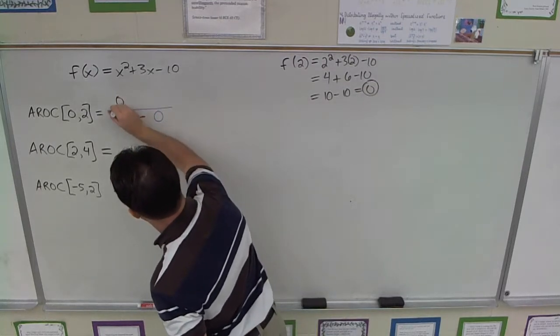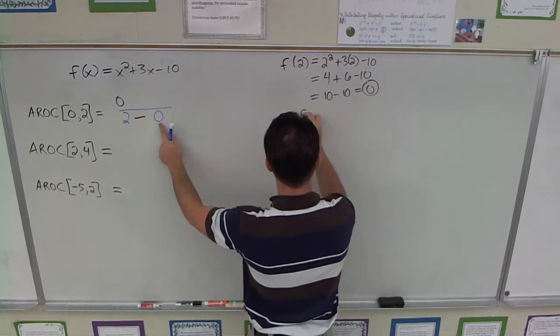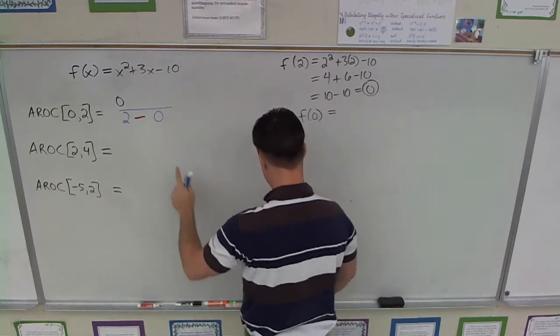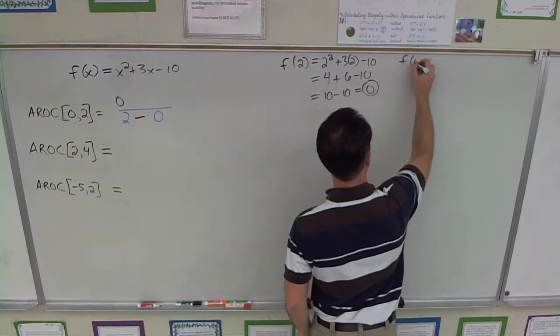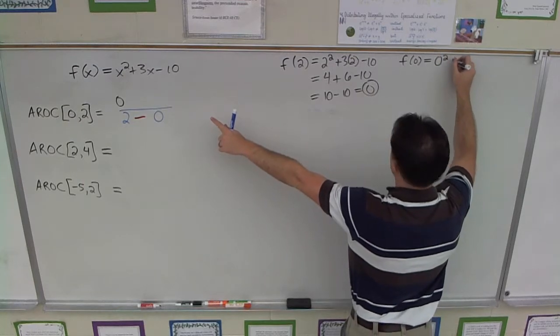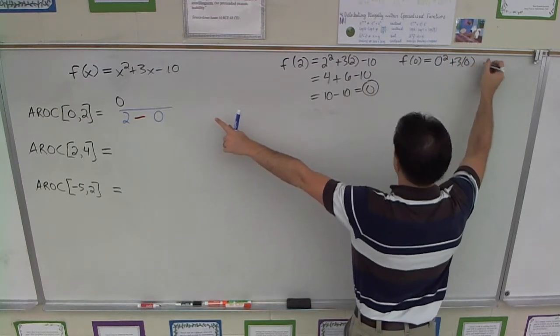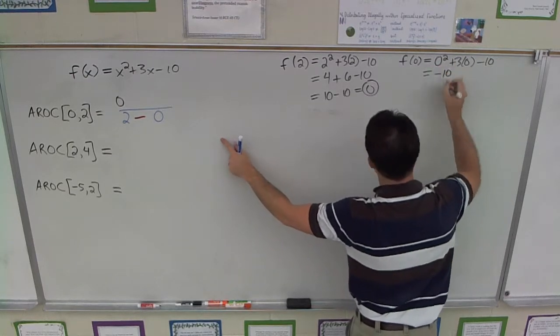So 2's y value is 0. I also need the y value for 0, so I'm going to plug in 0. So 0 squared plus 3 times 0 minus 10. That's nothing, so the answer is minus 10.